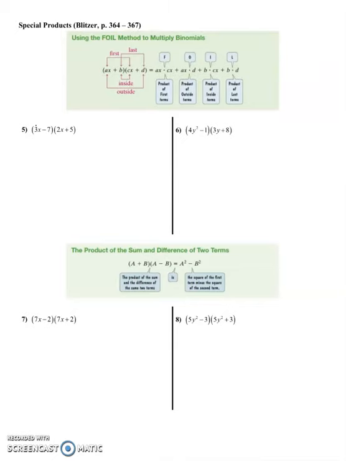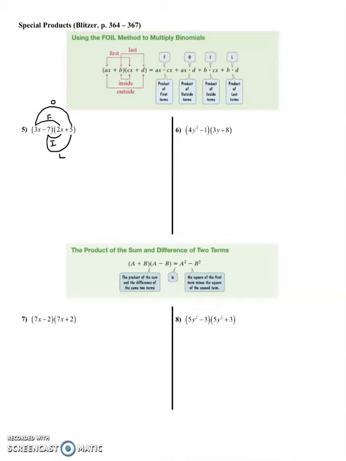So we have the firsts, the outers, the inners, and the lasts. And if you notice, the first and the outer multiplies the 3x by everything in the second parentheses.